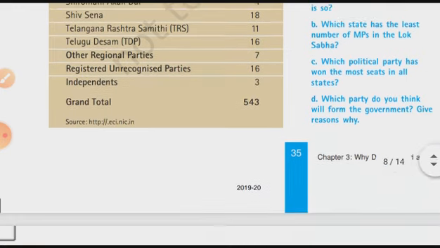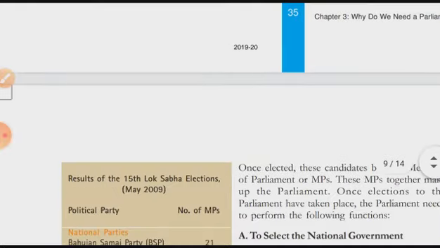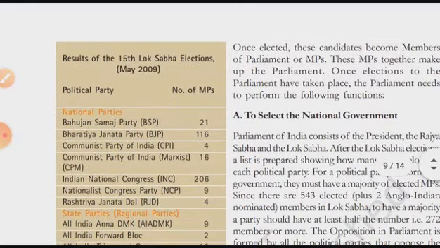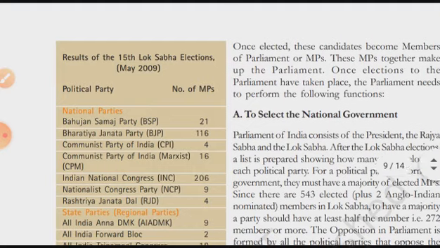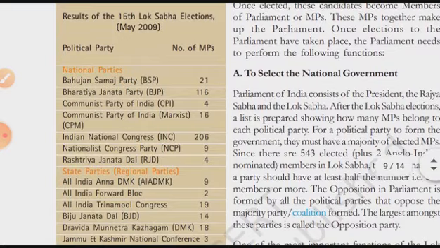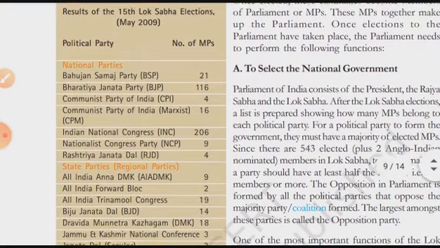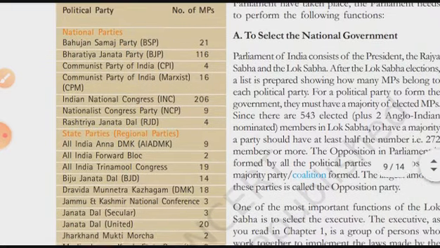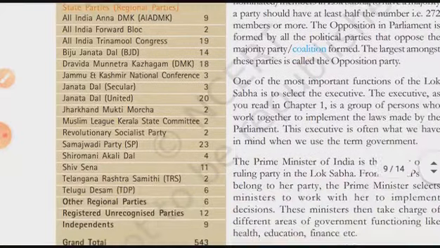Later on you will come to know more about it. Then they have also shown the 15th Lok Sabha election, conducted in 2009, with the different parties and how many seats they got.